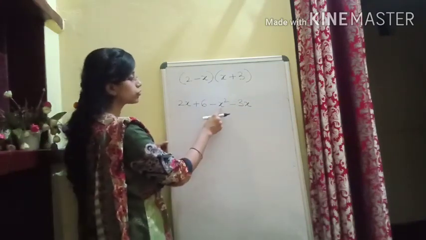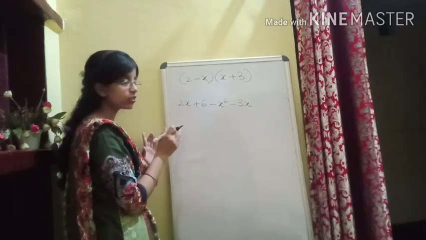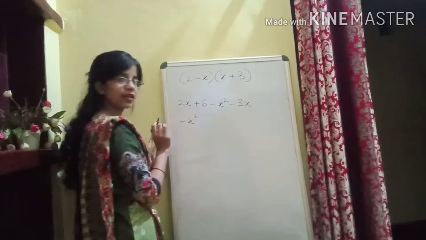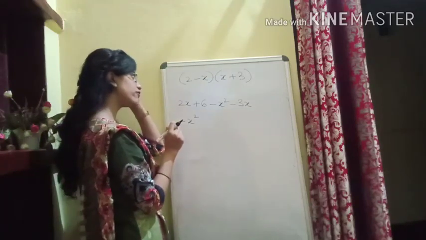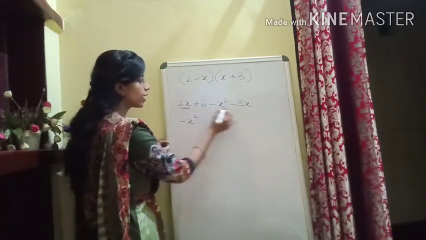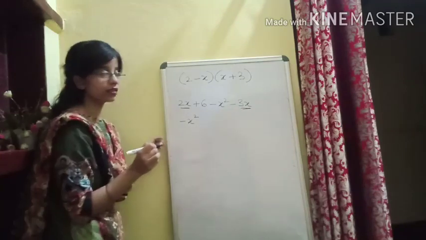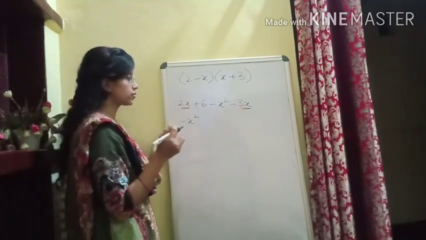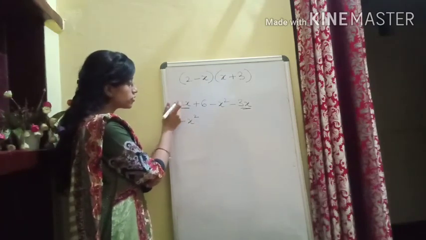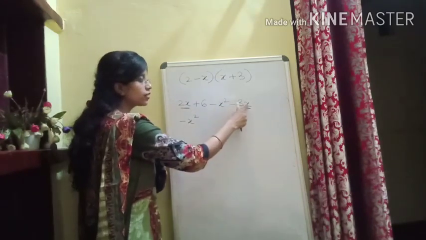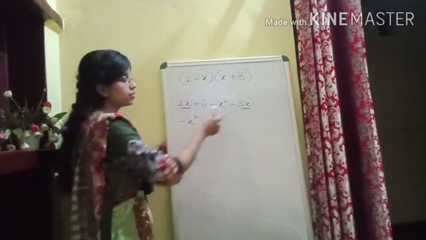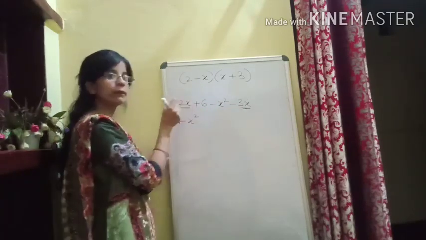After that, what we are going to do, we are going to take the like terms together. Since x square is all alone, we will write it like that. And then we have this 2x and this 3x. These are the like terms, because here it contains x, here also it is having x. Now if you see, this 2x is with plus sign, this 3x is with minus sign. So plus minus minus, that is 3x minus 2x will be x only.